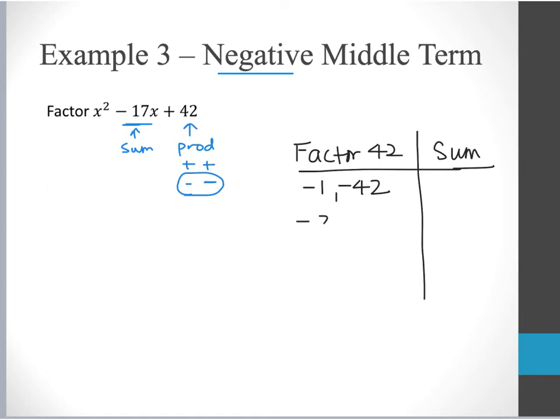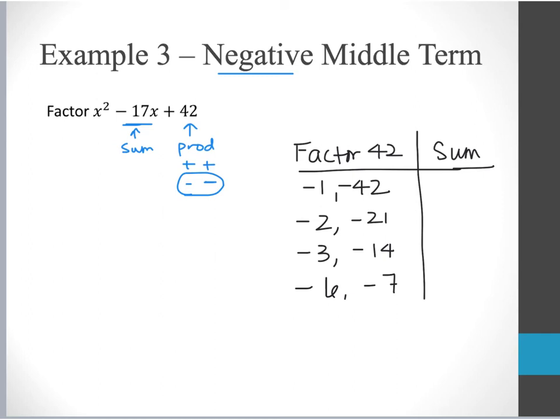I have negative 2 and negative 21. 3 will also go into 42, so this is negative 3 and negative 14. Then 4 won't, 5 won't, 6 will, so I'll have negative 6 and negative 7. 8, 9, 10, 11, 12, 13, so I'm back up to 14, and 14's already been listed. So these are all of my factors.